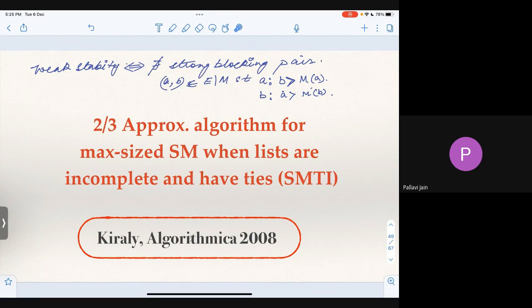Because the rural hospital theorem does not work anymore, we know that there can be stable matchings of very many different sizes. Can you very quickly tell me how different can they be in size? How far away can you be from the maximum size stable matching? Quickly. The first property we saw about stable matching is what? Even before that, no blocking is the definition.